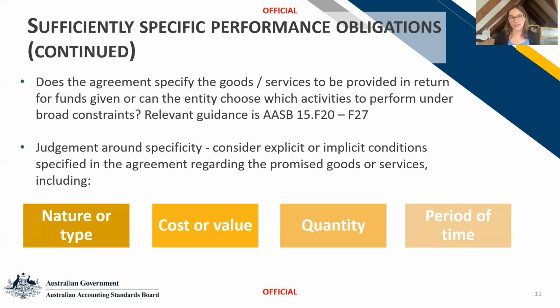If, however, I said to you, okay, I'm going to give you this money, the population we need you to help is the marginalised youth, it's a 12-month program, and I need you to be running programs that will help with bullying, with drug education, with alcohol, with whatever's going on in the family, running via sessions, running via activities, etc. You can see that I'm giving you more sufficiently specific information.